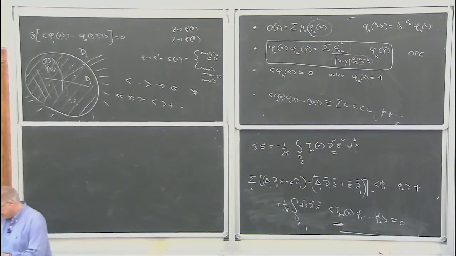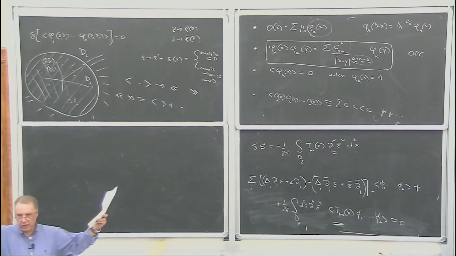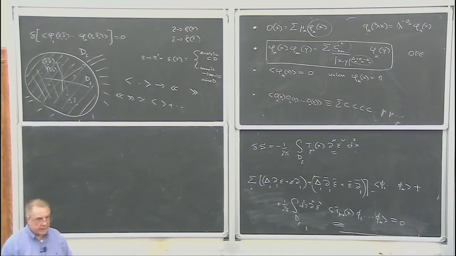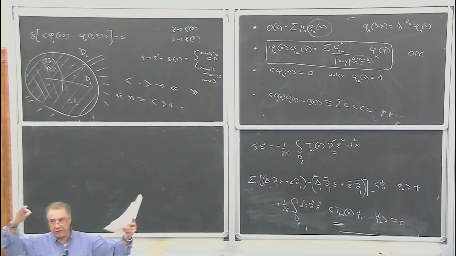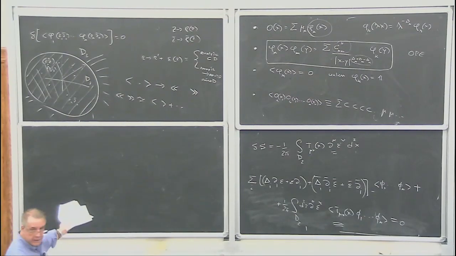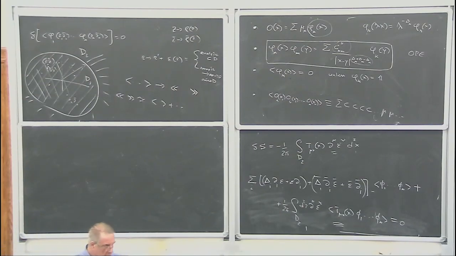Since this is an integral on the plane, I can use the divergence theorem. The integral on the plane is equal to the integral on the surface. Here there are two surfaces, one at infinity and one on the disk. At infinity I want it to be 0, so this is why this bloody epsilon has to go to 0 faster than 1 over z^4 if you want to be precise, and what remains is just the integral on the disk.